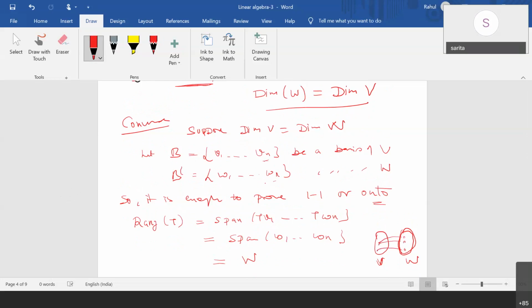I am saying this because the range is nothing but the span of these elements, and thus these n elements are spanning this entire W. Because V is also n-dimensional, everything will have an image here, because that is also a basis, therefore it will be isomorphic. So that was it about isomorphism.